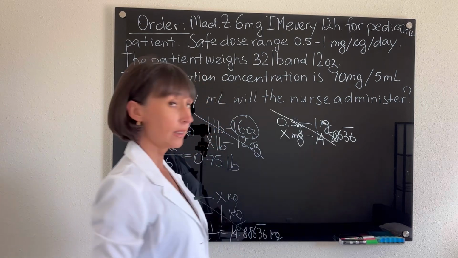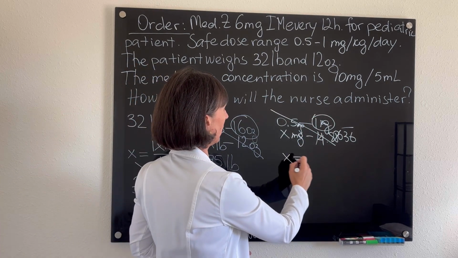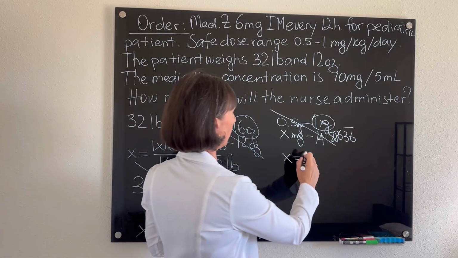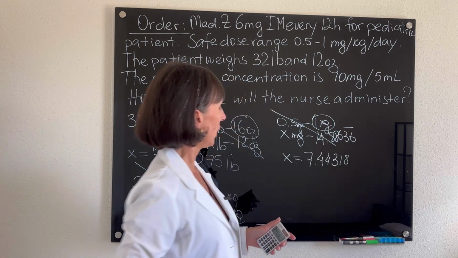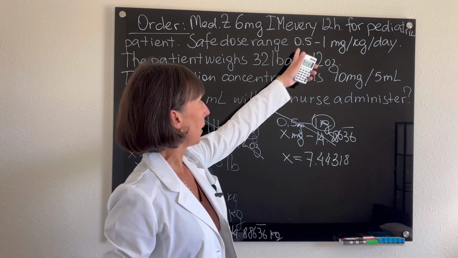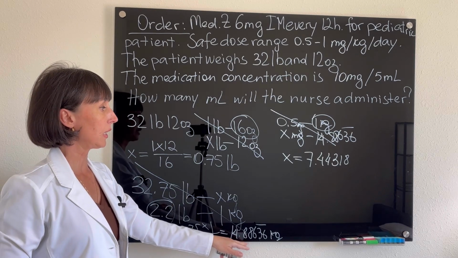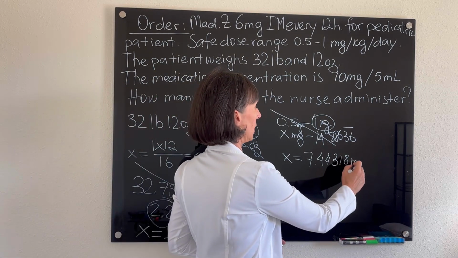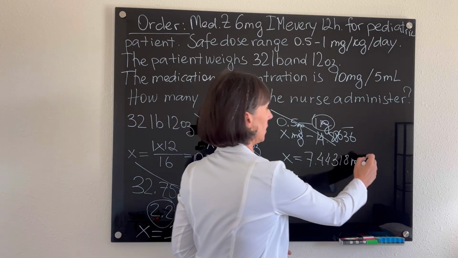I'm going to multiply these two numbers, divide by my third number, and I get 7.44318 and change. That's my first number of my range for this patient who weighs this many kilograms. This is how many milligrams per day this patient can have. This is per day.